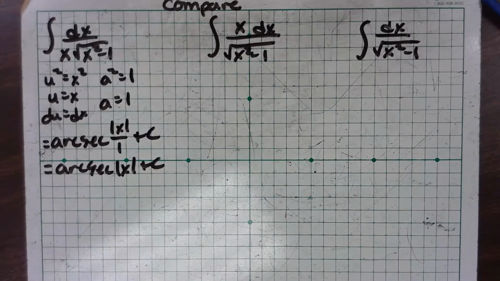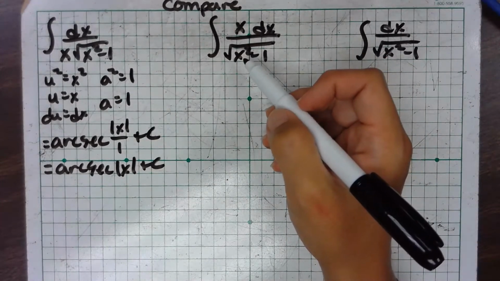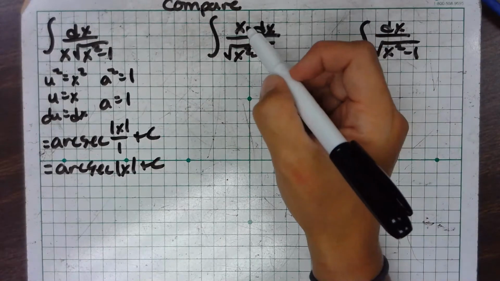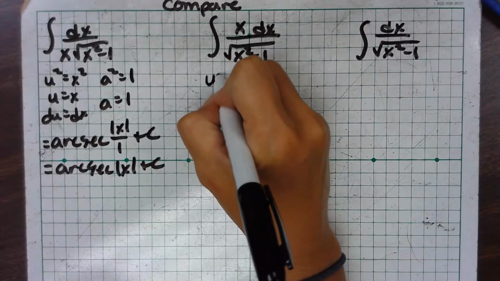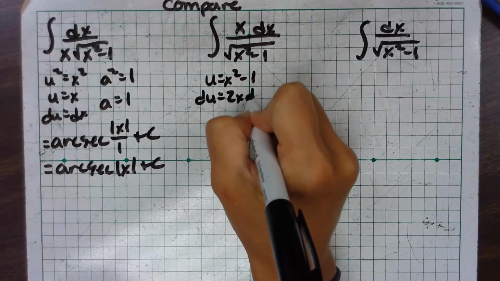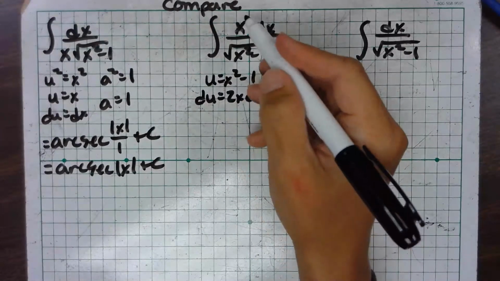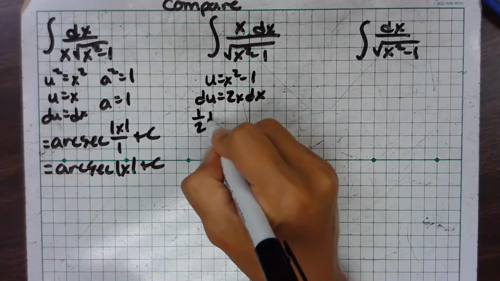Now, when I start looking at this one, I think it's arc sine. However, I got this x up top. If I ever have the x up top, I most likely am going to use u substitution, because when I take the derivative of this, I have that x, and there's the x. I'm just missing the 2, so I need the 1/2.